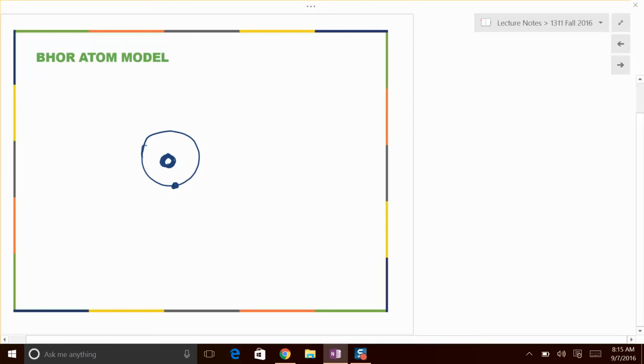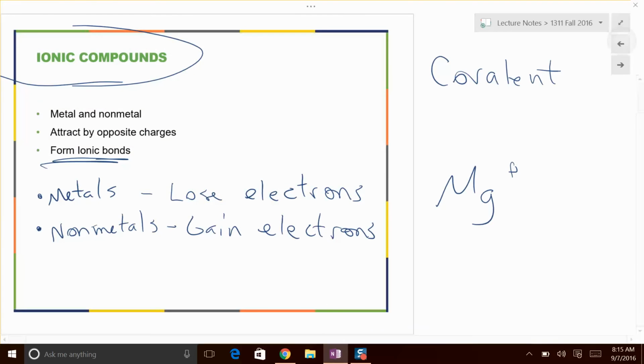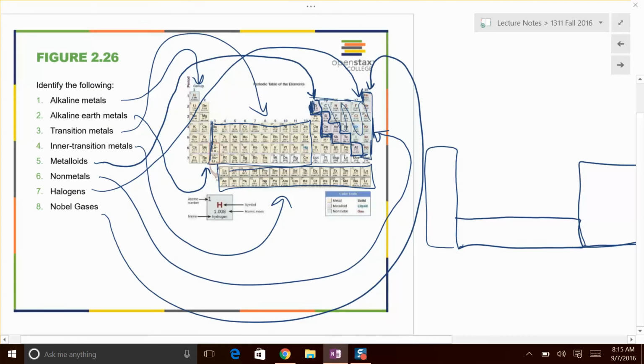Now, what I want you to notice about the periodic table back here is it is broken up into 4 groups. You see this group on the periodic table? It's the first 2 columns. You can identify it pretty easily, right? You see this group? Boron, carbon, nitrogen, oxygen, fluorine, neon.